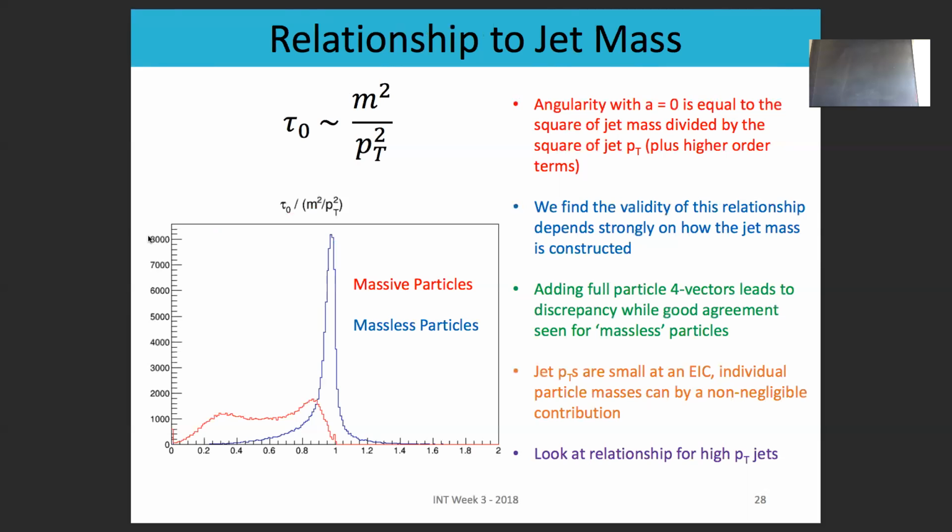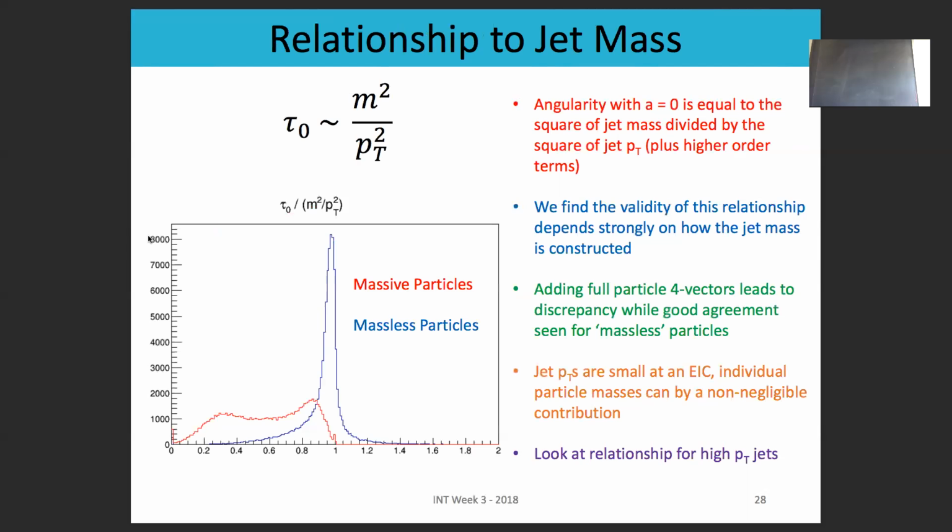And what we were seeing was that the mass of the actual particles was smearing out this relationship. If I manually set all the individual particle 4-vectors to have 0 mass, then I recover this quantity nicely.